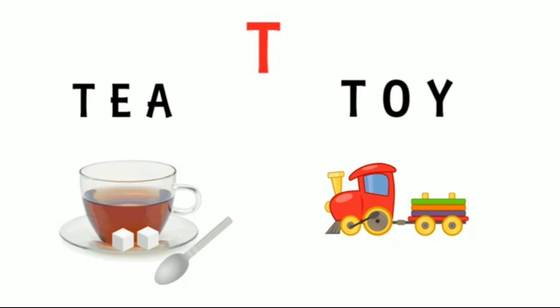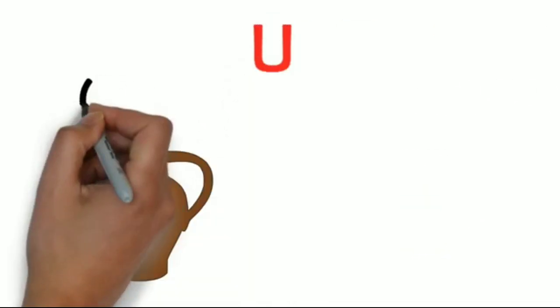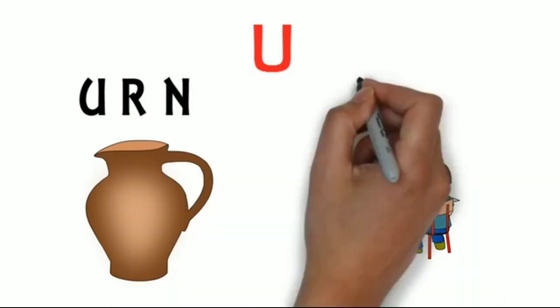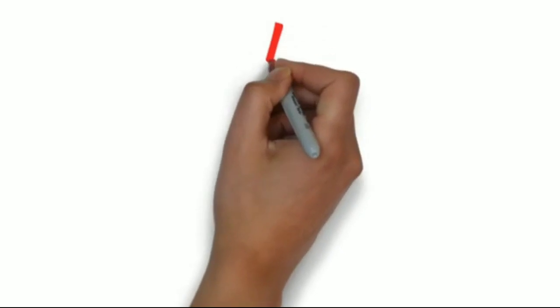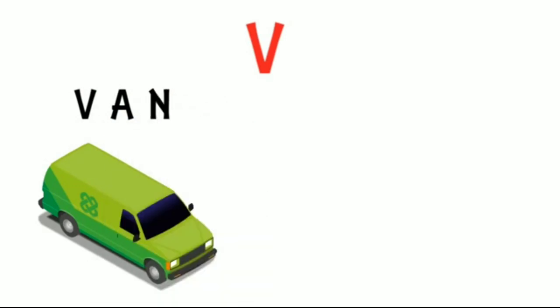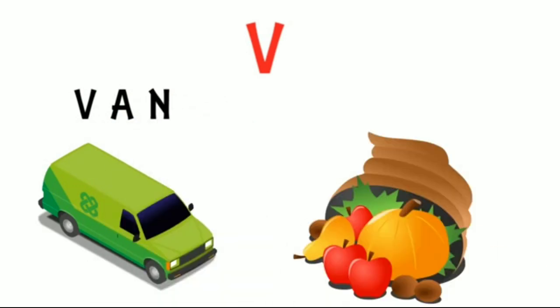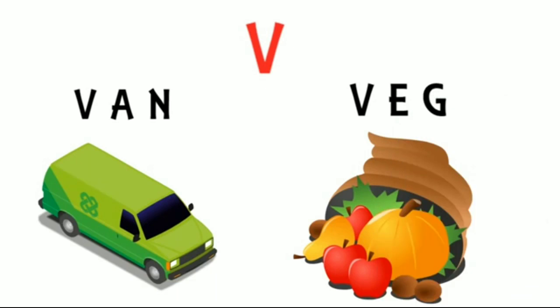T for toy. U for urn. U for use. V for van. V for veg.